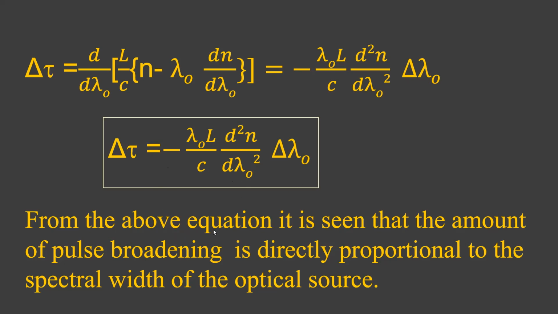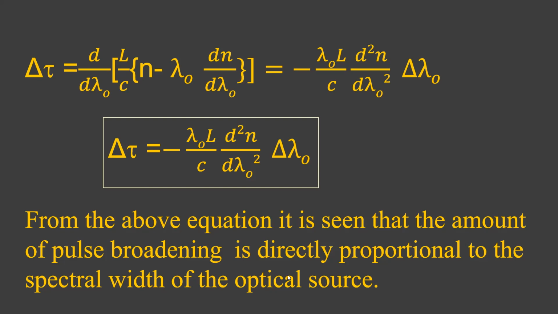So from the above equation, it is seen that the amount of pulse broadening is directly proportional to the spectral width of the optical source. So here the optical source is generally the laser source.